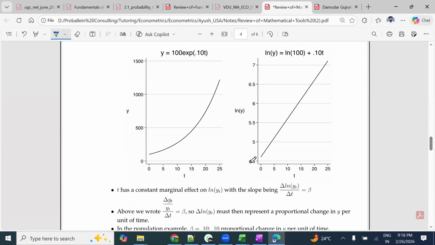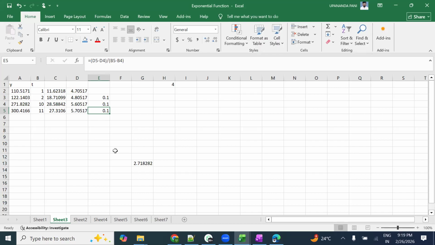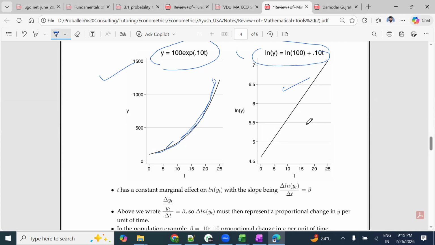हमारा डायग्राम देखो। So when you will plot these two diagrams, it's a straight line. So first case before the natural log transformation you will get the diagram like this. After you do the linear transformation you will get the diagram like this, and why you are getting because of this logic: because the slope is not constant in the first case but after you transform into a linear relationship then the slope remains constant.